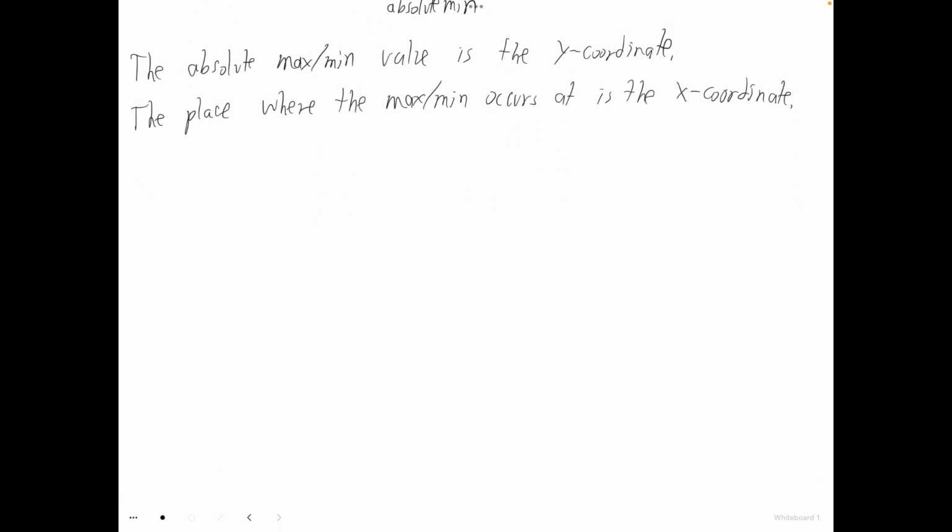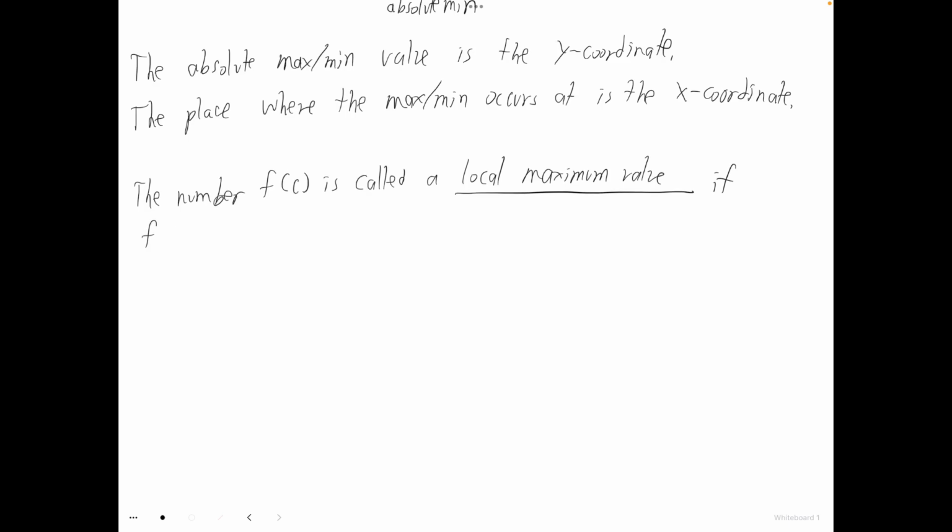So closely related to this idea of an absolute max and min are local max and min. The number f of c is called a local maximum value if f of c is greater than or equal to f of x for all x near c.